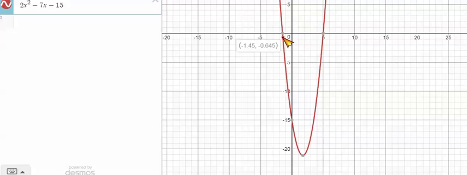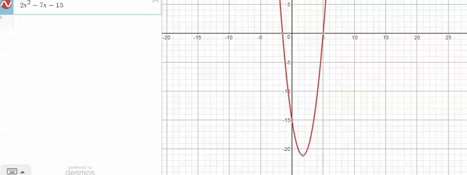In this region, when the x-coordinate is bigger than negative 1.5, our y-coordinate is less than 0. And when x is greater than 5, our y-coordinate is positive. When it's less than 5, our y-coordinate is negative. All right? So it's between these two numbers that the y-coordinate is negative.